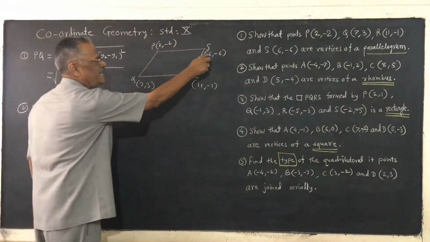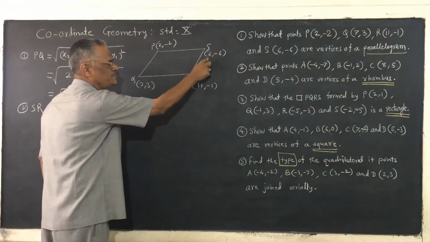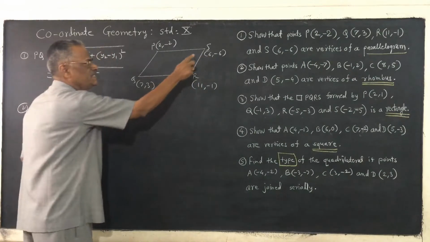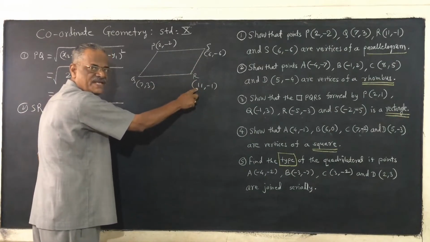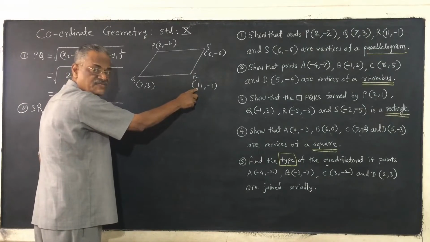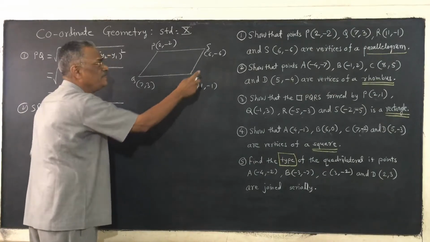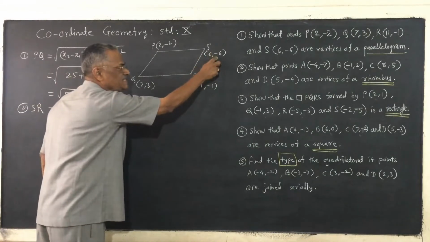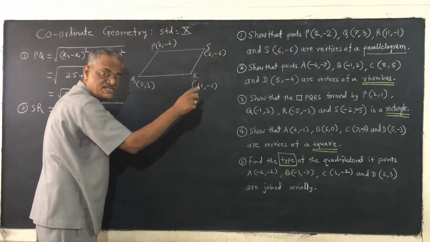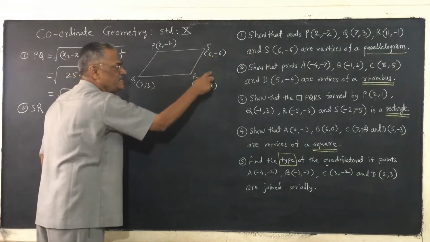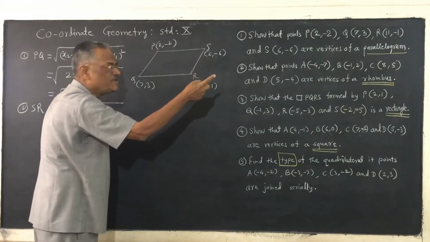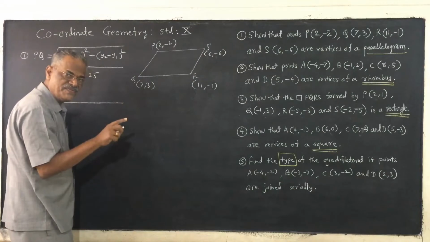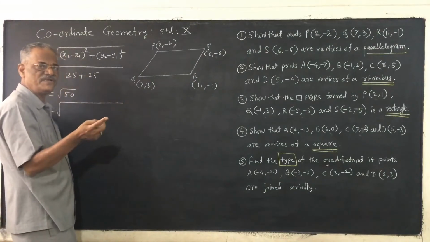If this is your first point and this is your second point, 6 minus 11 is minus 5, and square is 25.